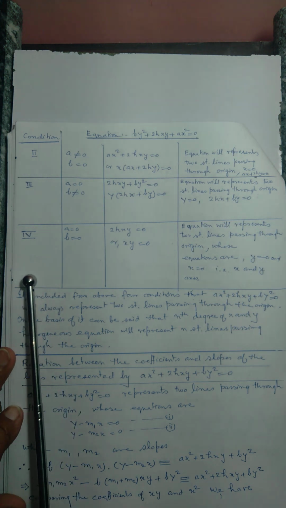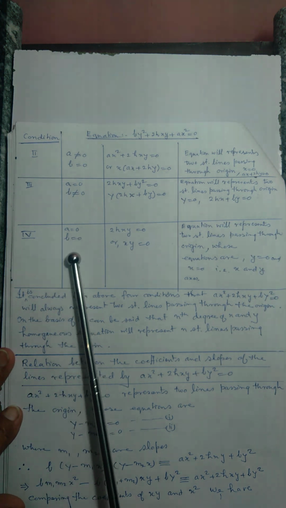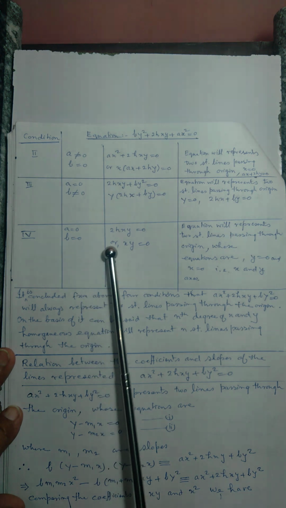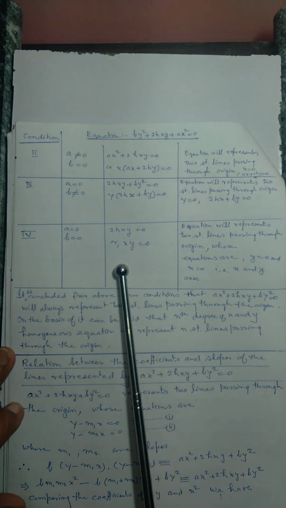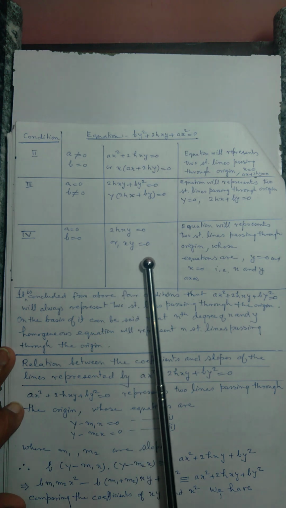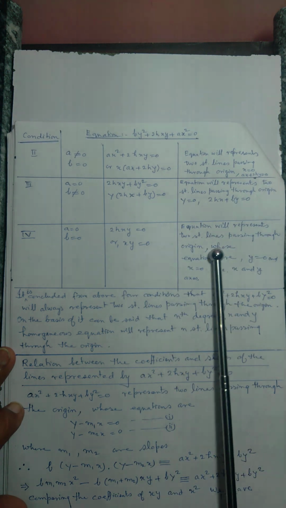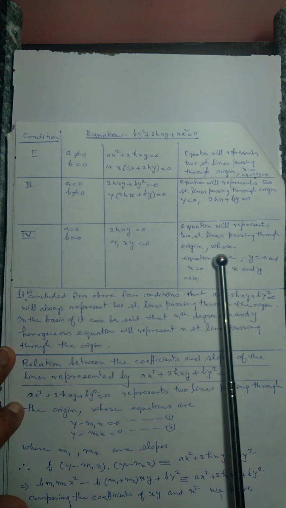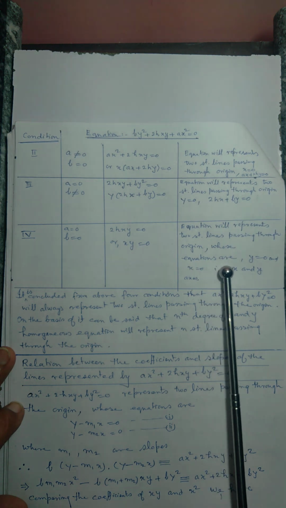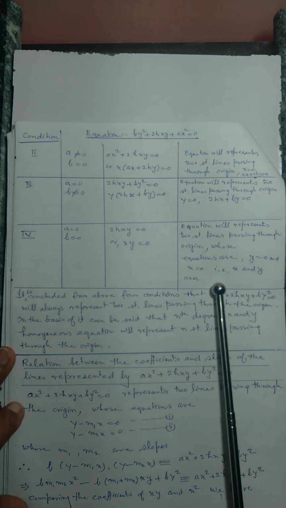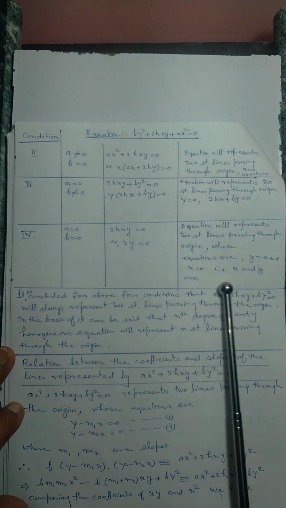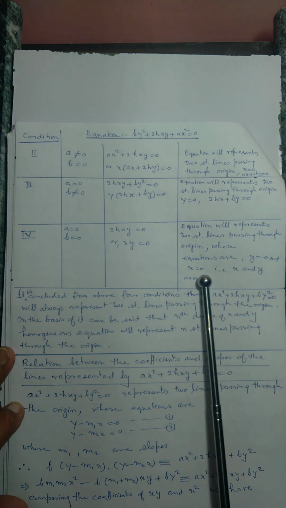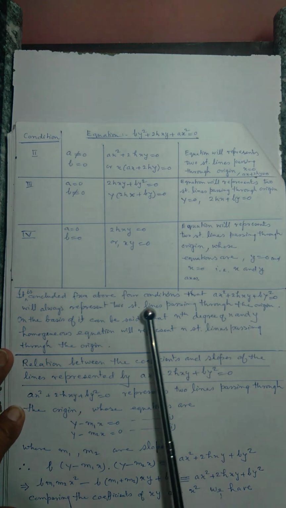Now the fourth condition is a is equal to 0 and b is equal to 0. At that time 2hxy is equal to 0, so xy is equal to 0. The equation will represent two straight lines passing through the origin, whose equations are y = 0 and x = 0. That is the x axis and y axis.